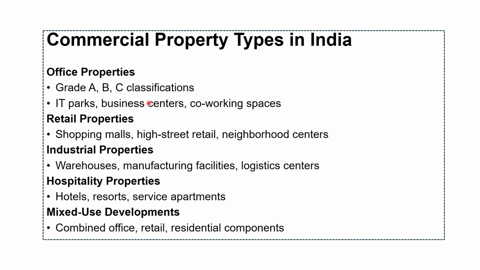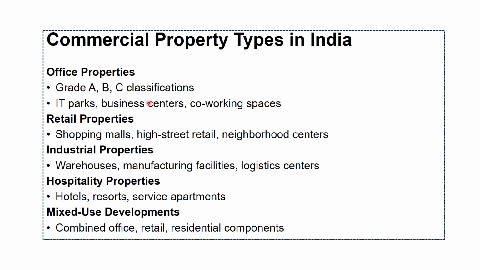And then we go to retail properties that may include malls, for example, like DLF Promenade in Delhi, high street shops in your own city, or neighborhood centers. And then industrial properties such as warehouses in Chennai, which support e-commerce logistics.